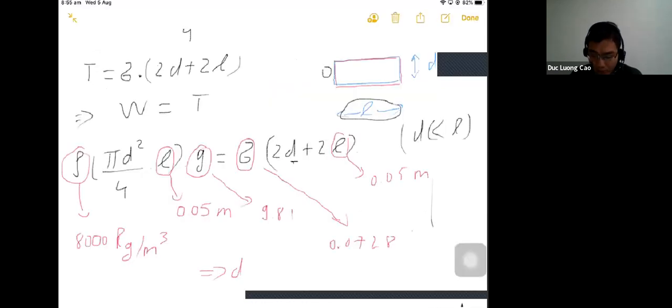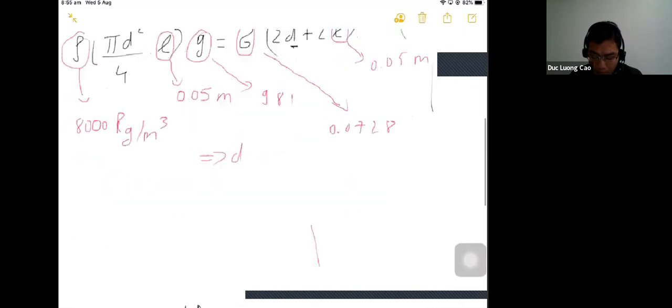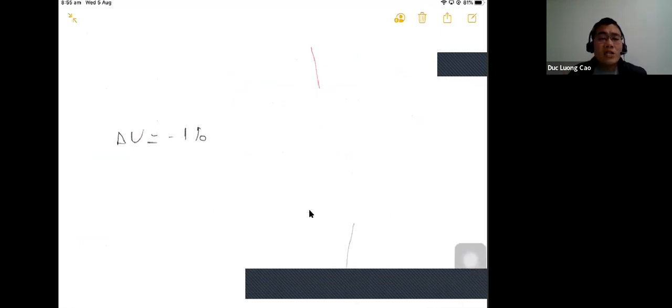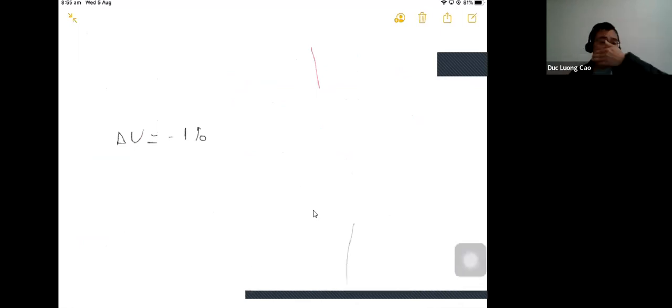So now come back to our question. This question asks you about pressure, and you want to reduce the volume of water by 1%. Reduce 1% means delta V is minus 1%.